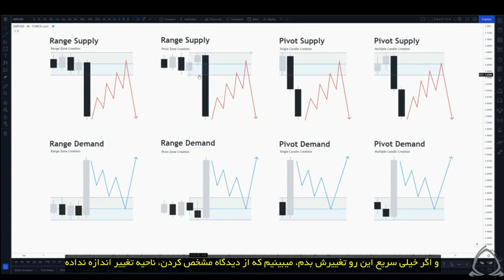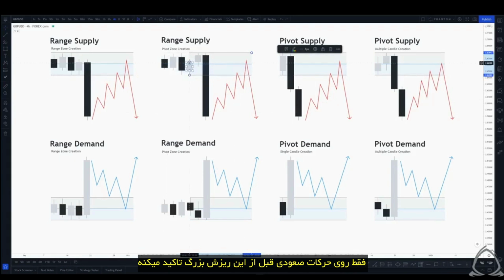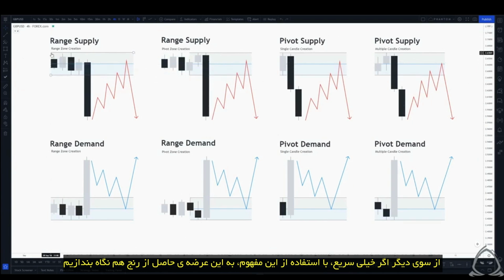And what we can see, if we just very quickly move this over, from a drawing perspective, the zone has not changed in size. It just becomes a little bit more specific to the up moves that see this large move in price.